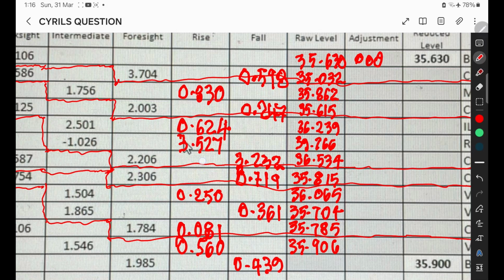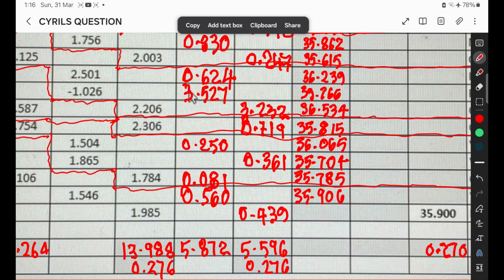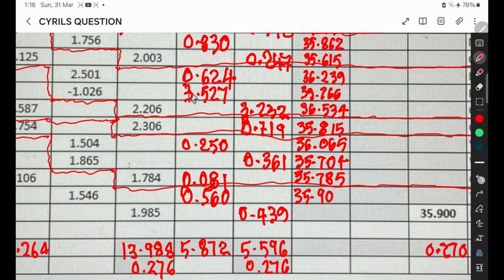Okay, 35.906. And then minus 0.439. Oops, I've got a bit ahead of myself here. Okay, 35.785, 36.345.